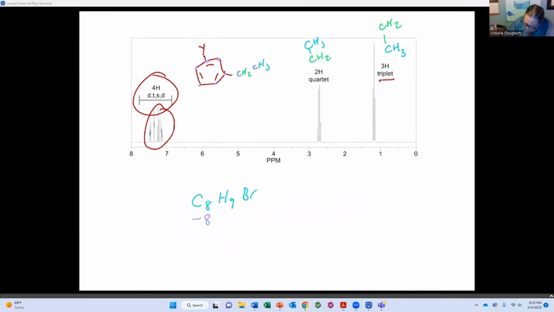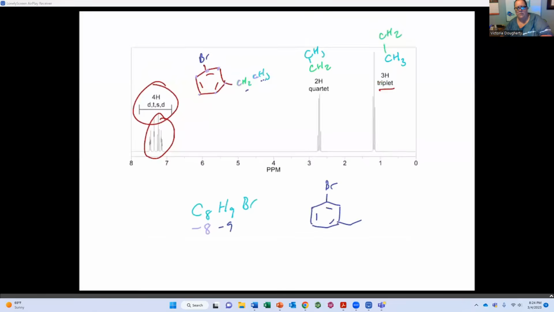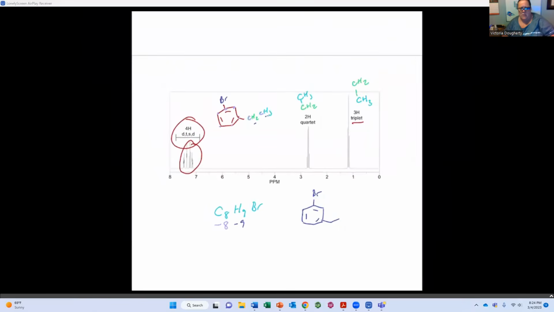I have 1, 2, 3, 4, 5, 6, 7, 8, 9 hydrogens. And so the only thing that's left is the bromine. So then Y must be the bromine. I'm going to erase these. Now don't leave them like that because that makes it look like they're methyls. So to make it all nice and neat, I have meta ethyl bromo benzene. And that's it. Okie dokie.